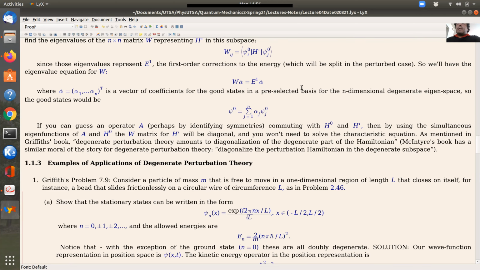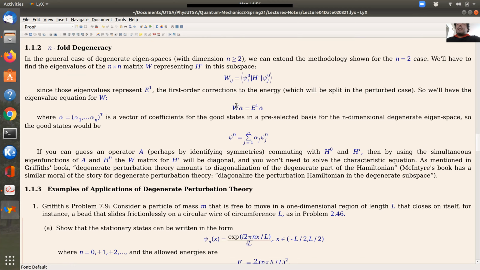And the eigenvalue equation, of course, can be expressed in this simplified notation where we have the full matrix W. We have the vector of coefficients alpha, which is basically alpha 1, alpha 2 up to alpha n. And this is an eigenvalue equation because we have this matrix and we have the eigenvalue E1, which is what we want to find partially.